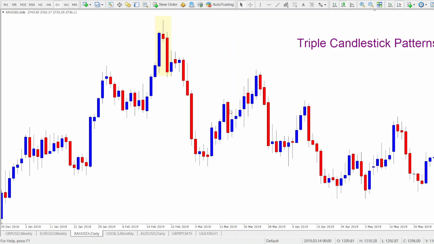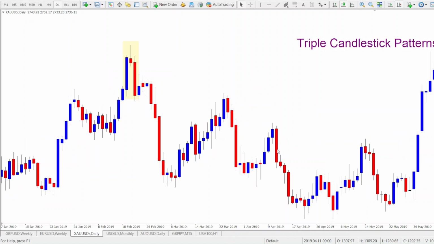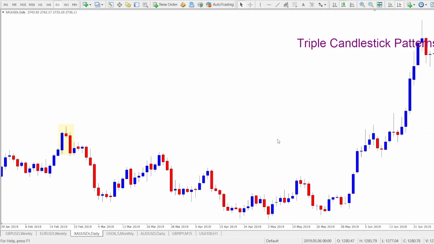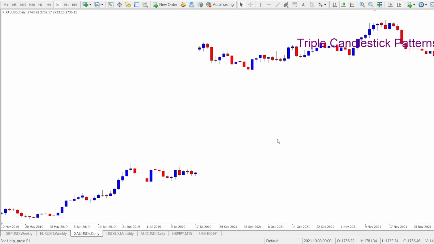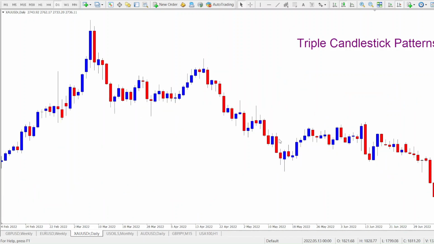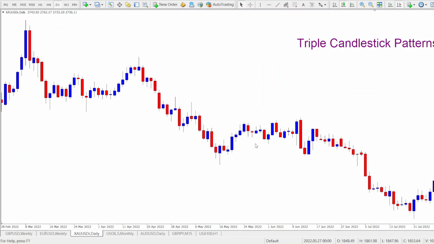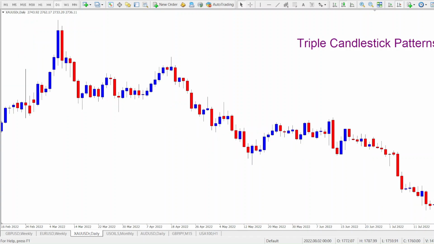These patterns are incredibly useful for understanding market momentum. Basically, the 3 white soldiers pattern forms in a downtrend and consists of 3 consecutive bullish candles, each opening within the previous candle's body but closing higher.